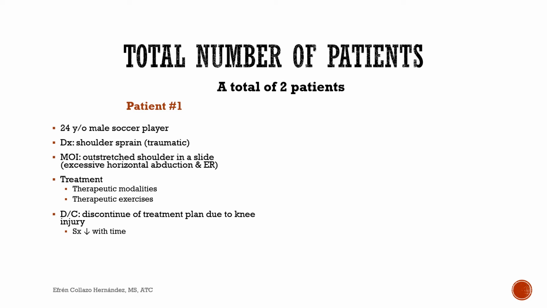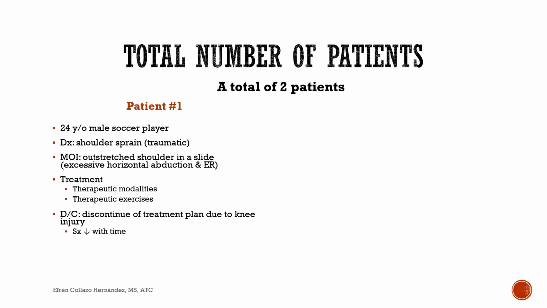At the beginning it was a little bit uncomfortable, but then he was able to complete all these exercises. There was no discharge. He discontinued the treatment plan because he had a knee injury. So they were now focused on the knee injury, and the patient reported that he felt better within the weeks that he received the treatment.